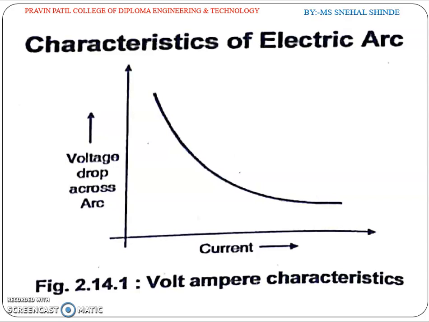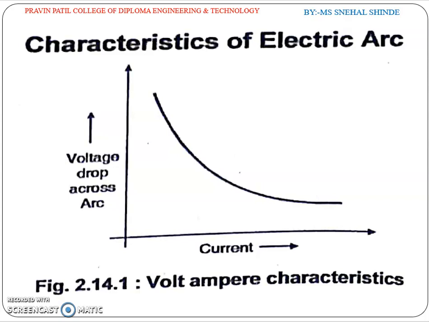Here you can see at starting, the current is minimum. At that time, the voltage drop across the arc is maximum. And as you see, as the current increases over time, the voltage is reducing.